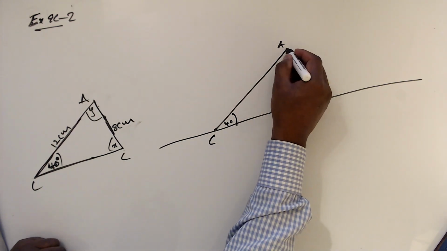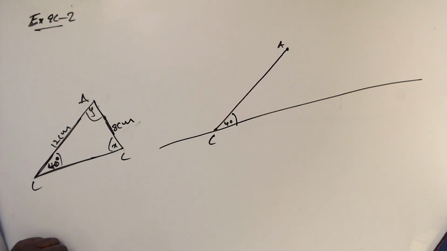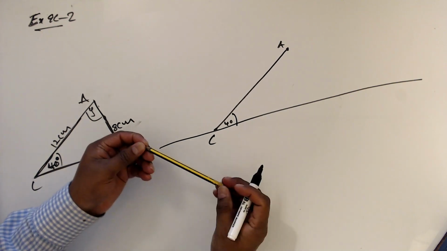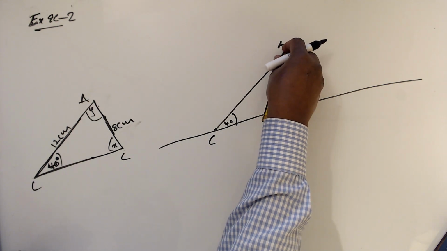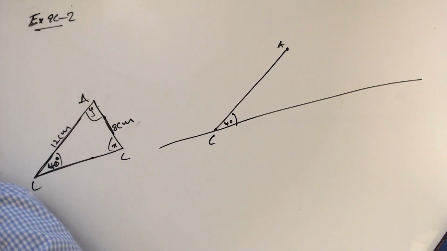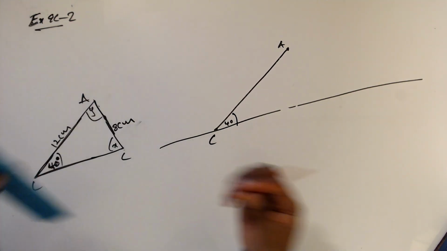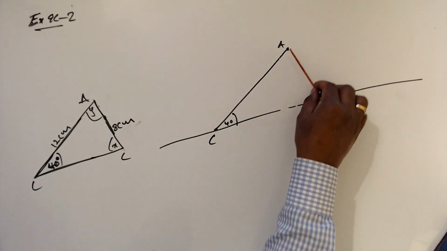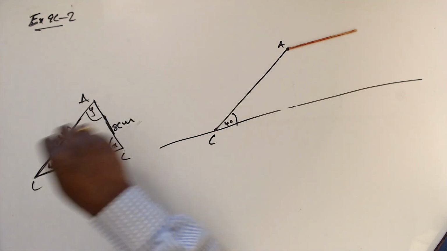Now from A, I want to draw 8 centimeters. What is the possibility of 8 centimeters? Then I will bring an 8 centimeter radius pencil compass and keep it on A. Then I'm circling it.